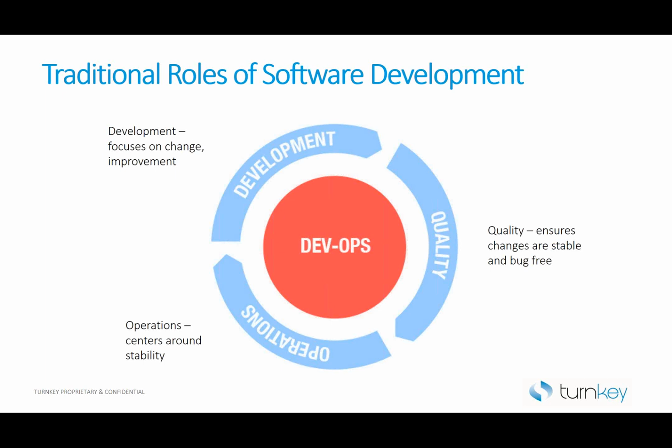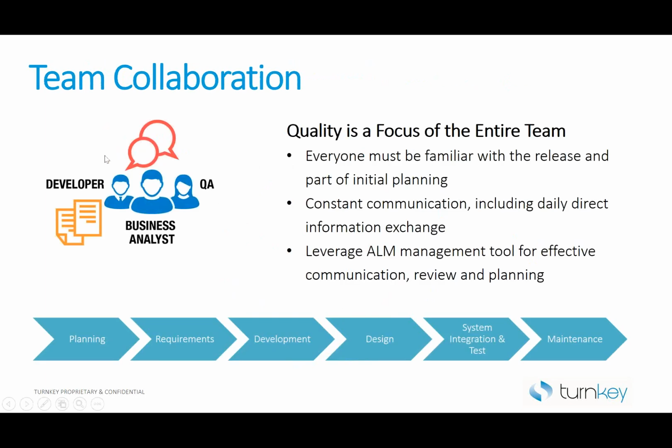And then operations, of course, operates these applications, runs the business, and it centers really around stability. I want everything to work and work seamlessly as it's intended to be. And of course, this process, as the picture depicts, is circular, and you go through, resulting in change and improvement again.